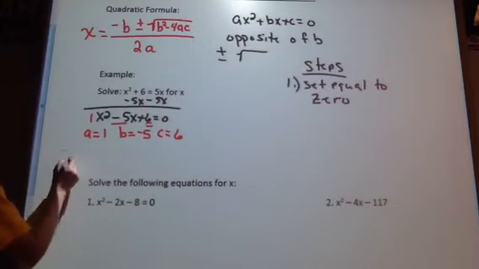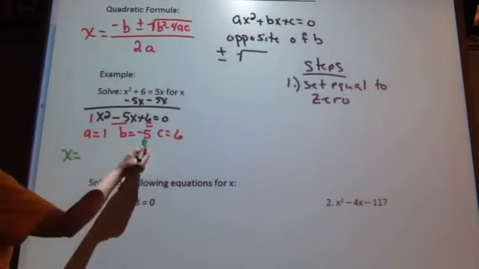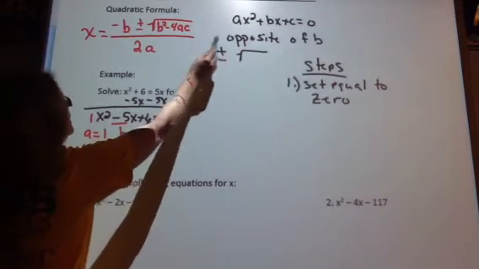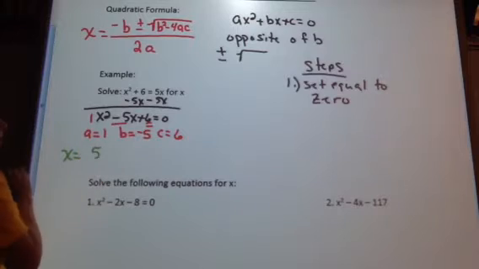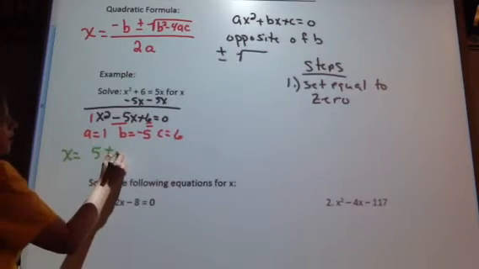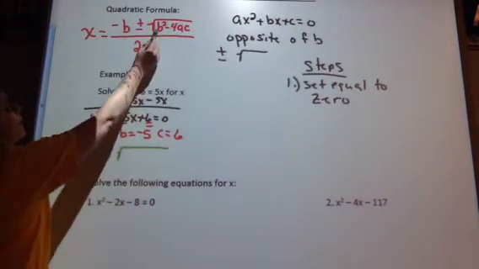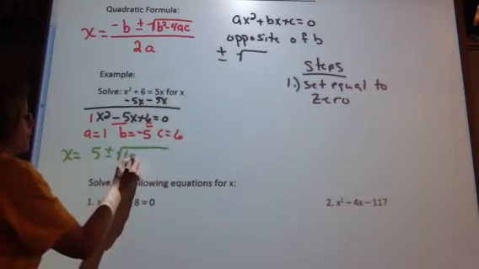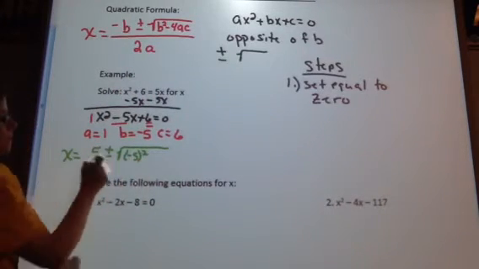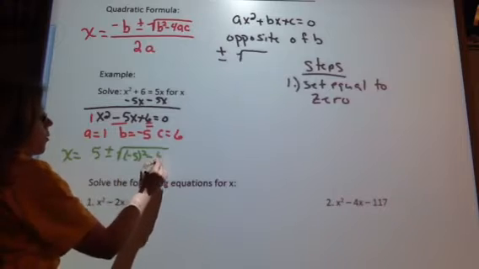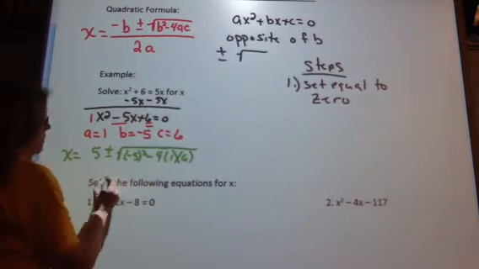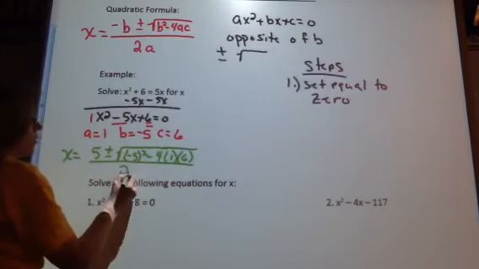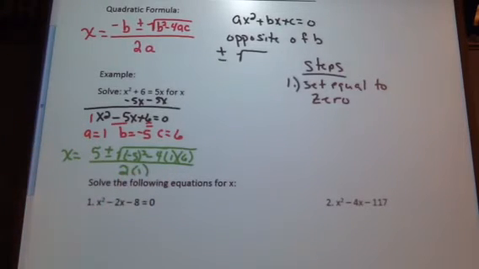So, x equals negative b, the opposite of b. Well, b is negative 5, so the opposite of b is positive 5. Plus or minus, inside your radical sign, b squared, so that's negative 5, substitute in for b, minus 4 times your a times your c, all over 2 times your a. And then we're going to simplify from here.